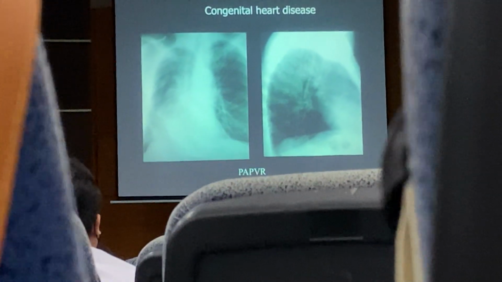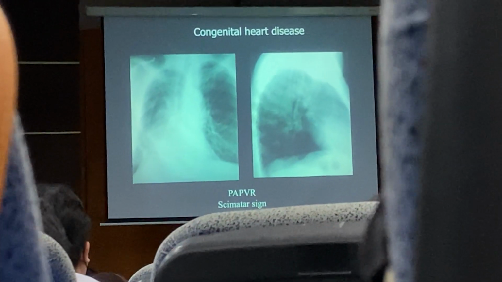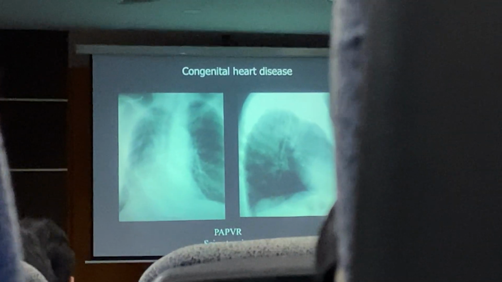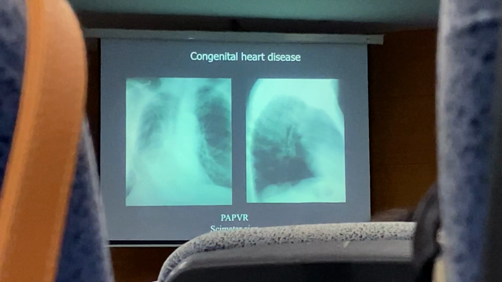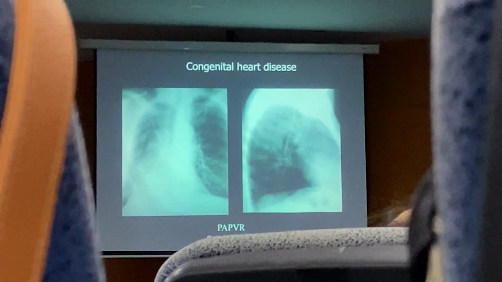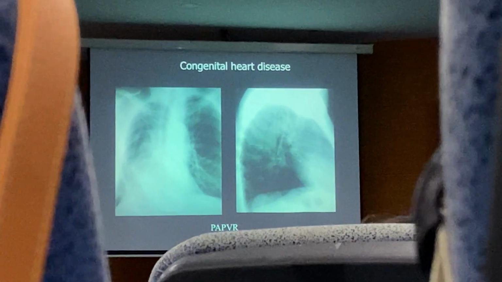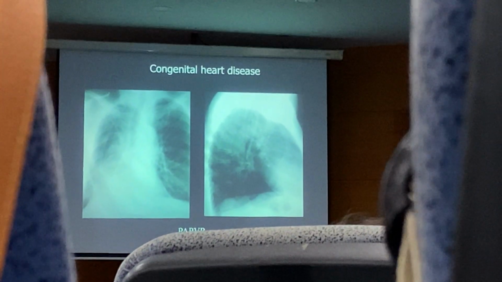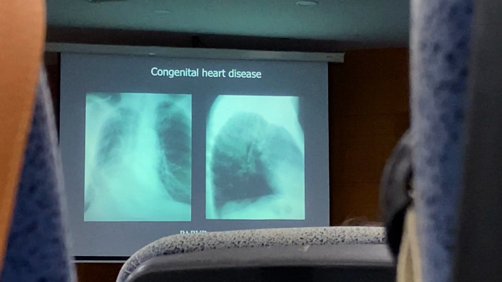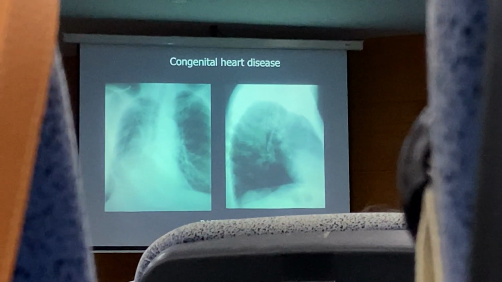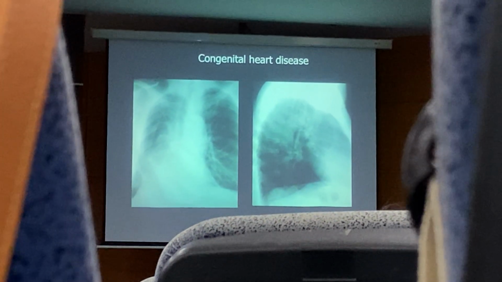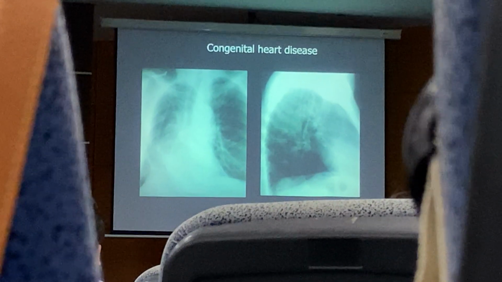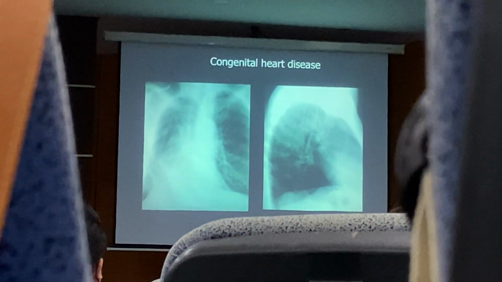If you suspect this patient has partial anomalous pulmonary venous return, because this patient usually has persistent or recurrent pneumonia, to diagnose this you request a CT angiogram to document that partial anomalous pulmonary vein.